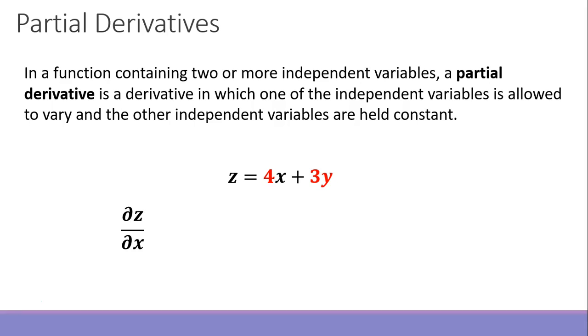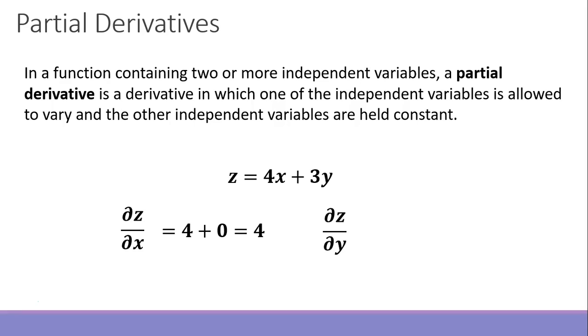So the 4 is a constant multiplying the x, and 3y is a constant. So what's the partial derivative of that? Well, the derivative of 4x is 4, but the derivative of 3y is 0 because 3y is considered a constant, and the derivative of a constant is 0. So the partial derivative of z with respect to x is equal to 4.